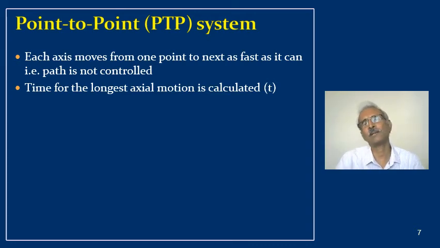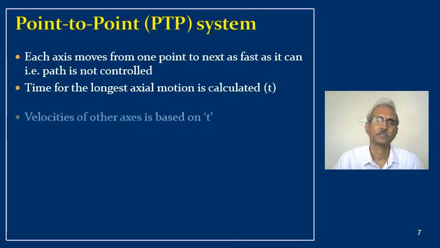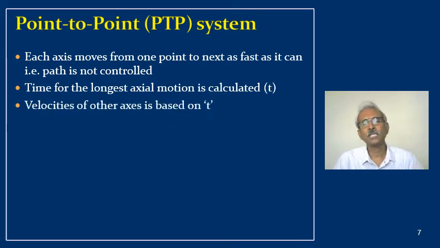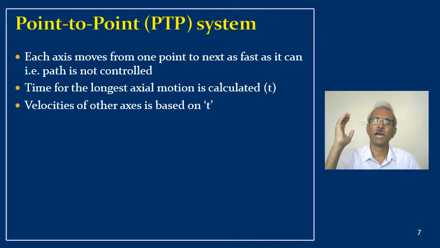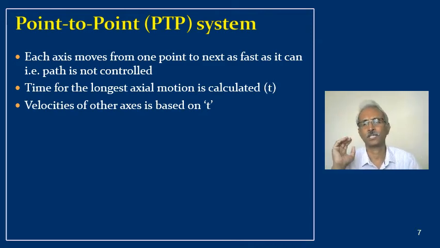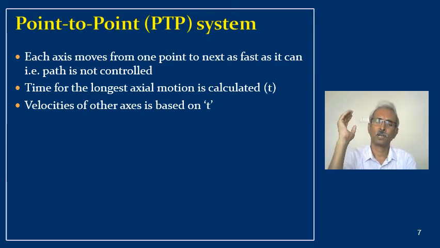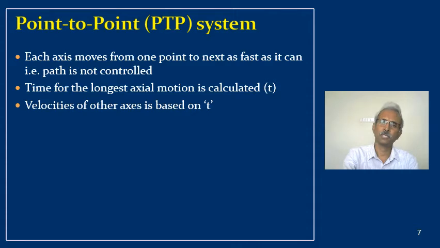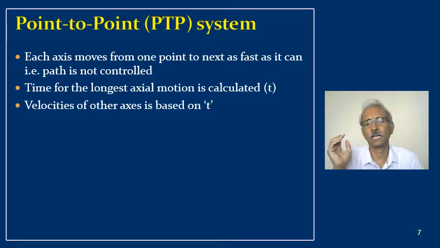That is calculated as time t. The velocities of the other axes are based on t. So now I take this t as fixed, let's say 10 seconds. For moving from this position to this position, that is the longest distance, it takes time t. Whereas for the movement of the upper arm, the same 10 seconds is used.